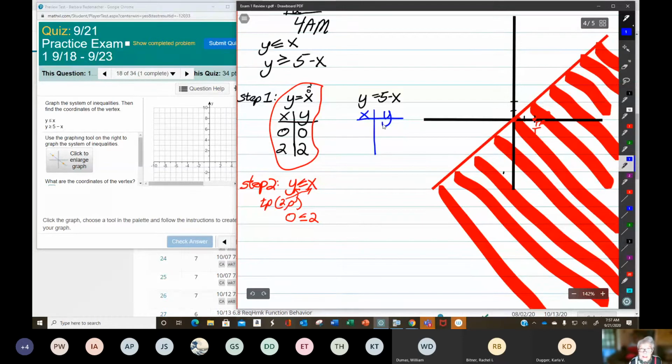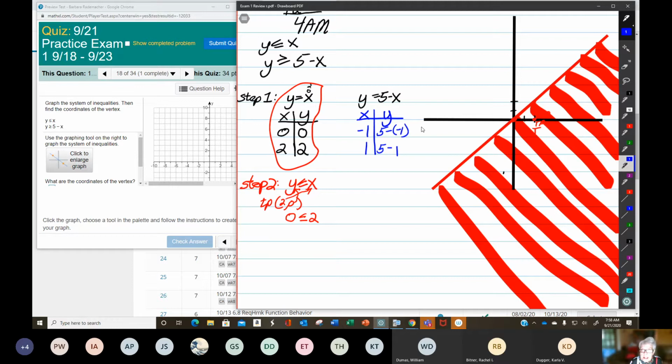So I could even use the same numbers. I could use different numbers. We could keep it simple. Nah, let's not keep it too simple. How about x equals -1 and x equals +1? Okay, that means y is going to equal 5 minus -1 and 5 minus +1.